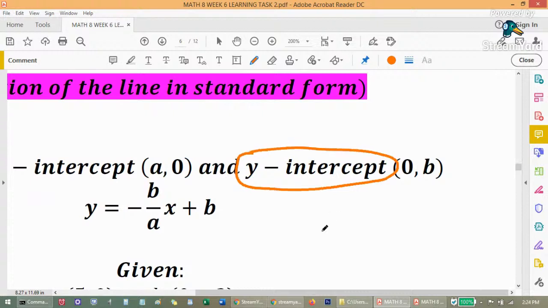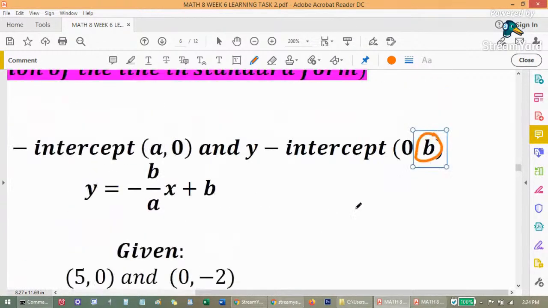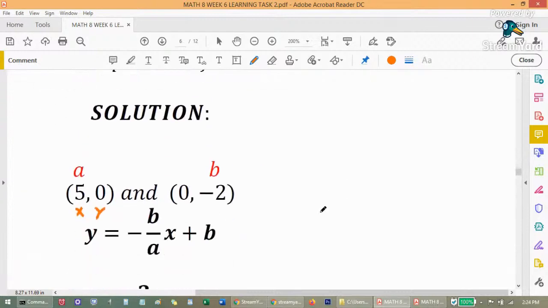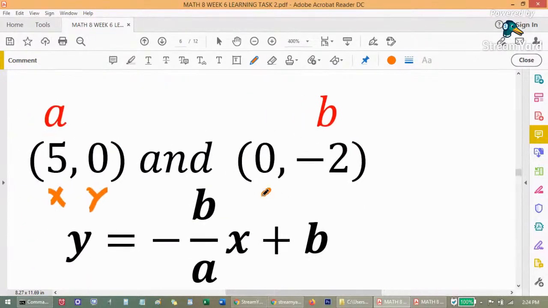Y-intercept naman, 0 ang x, and then yung y-coordinate is B. Okay? B. So, kung babalikan natin to, yung x natin, ito yung y natin, 0 ang x natin, B natin is may value. Yung y natin is may value, so therefore, yan ang ating y-intercept.